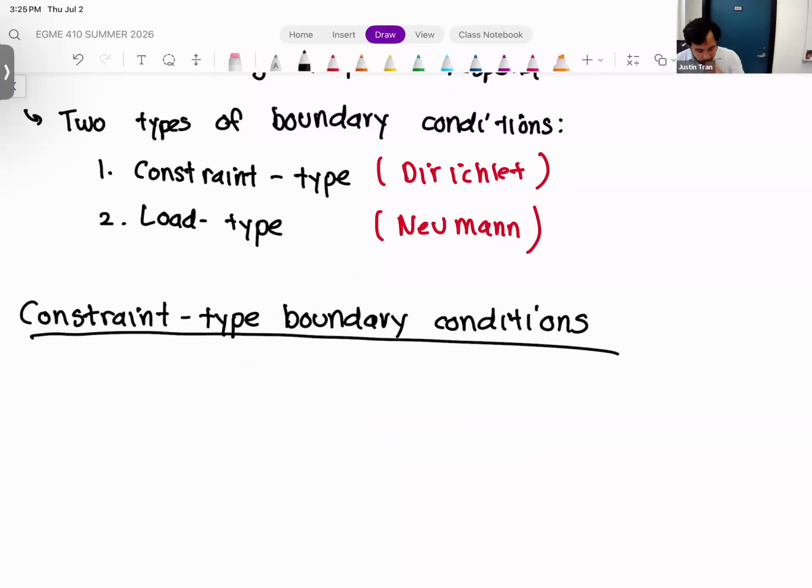Constraint type boundary conditions are basically conditions that directly specify our primary solution variable.